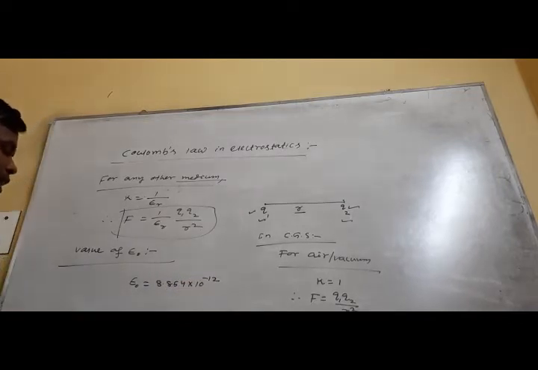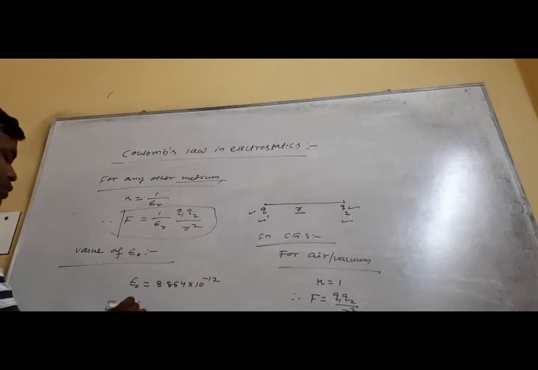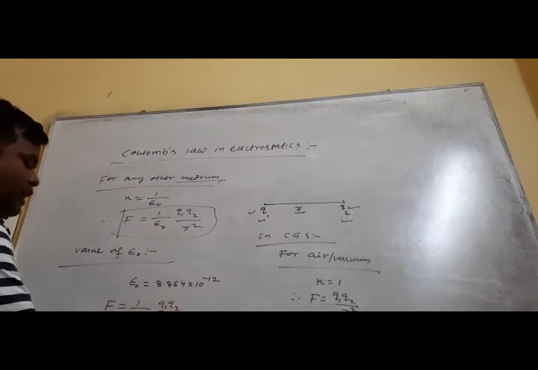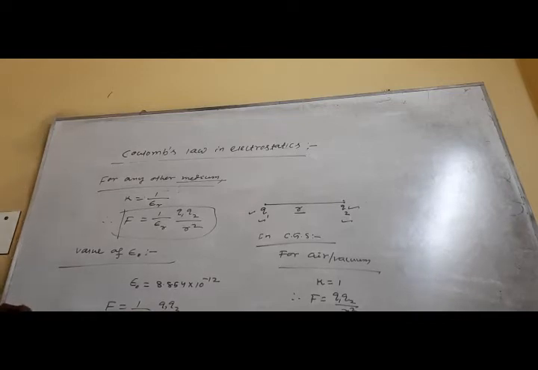What will be the unit? You see, F is equal to 1 by 4 pi epsilon 0 Q1 Q2 by R square. When you bring epsilon 0 here and F there, the expression becomes epsilon 0 equals 1 by 4 pi Q1 Q2 by F R square.